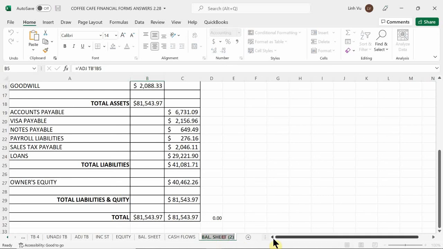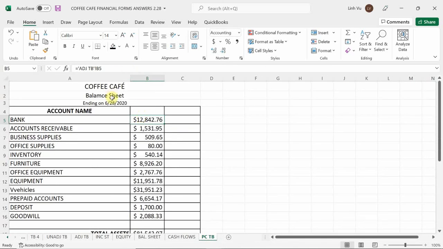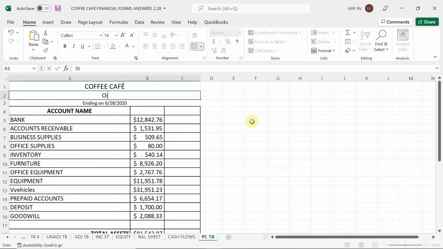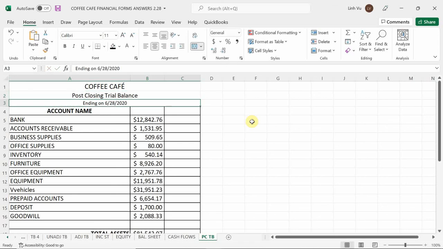Rename this to post-closing trial balance, and I'm going to rename this sheet up here because it says balance sheet on it. I'm going to type in post-closing trial balance. It's still on... Oh, I guess I didn't fix that. It's supposed to be on the 30th.